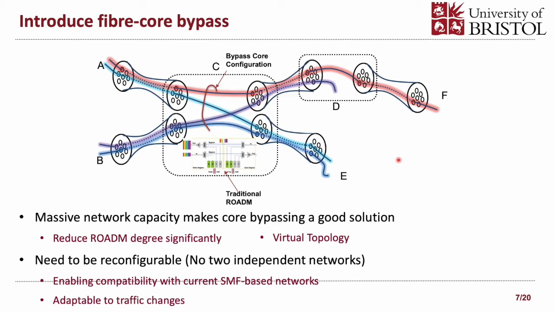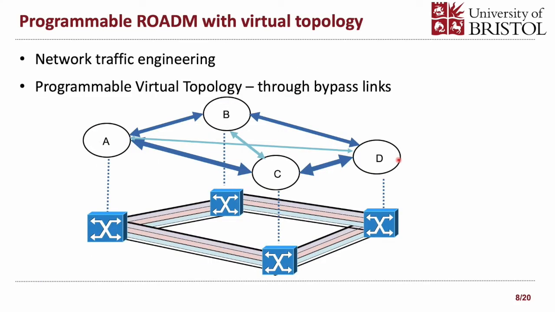With this concept, if you look at the network level, for example, here I show a 4-node ring topology network, and we can do this fiber core bypassing. That means we can provide direct connection from node A to node D and node B to node C. So the ring topology now turns into a mesh topology.